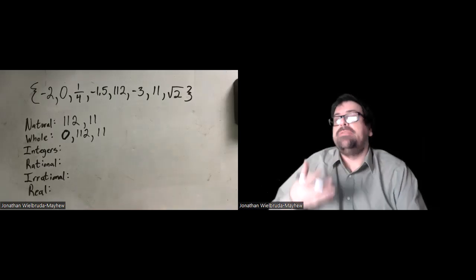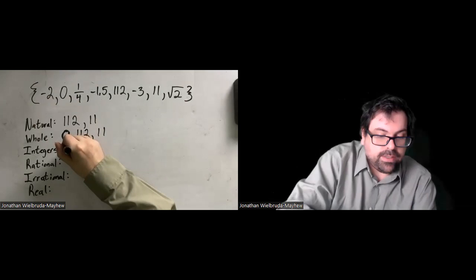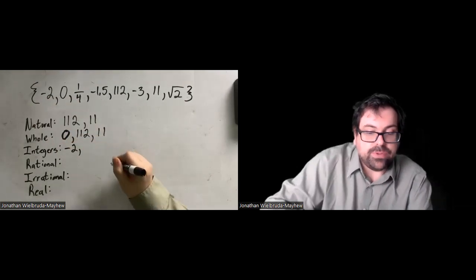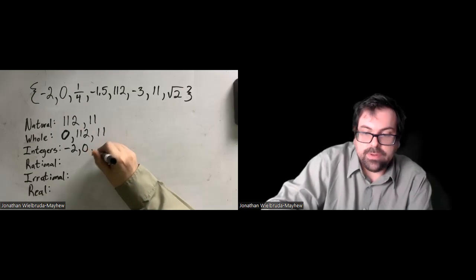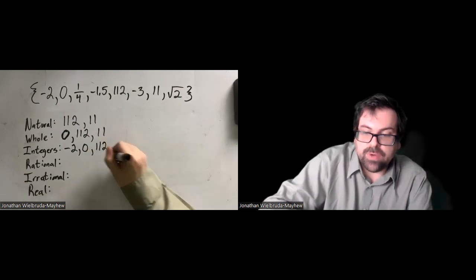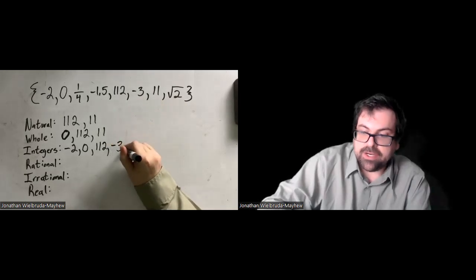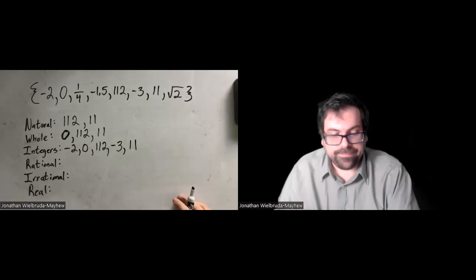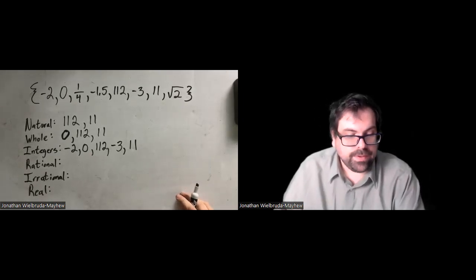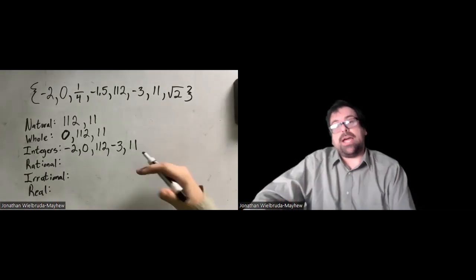If we take the negatives of the whole numbers and add those in, we get our integers. -2. We already had 0. We already had 112. -3. -3 is an integer. We already had 11. All integers, remember, are also rational numbers.